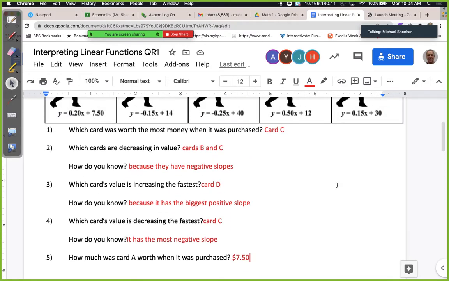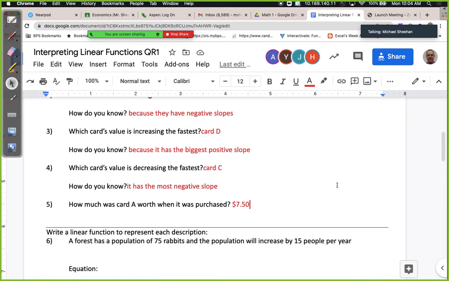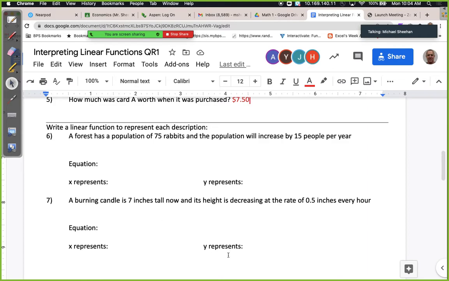All right, so you'll have 5 questions about baseball cards, just like these. And then you're going to have 2 questions where you write an equation. Okay? A forest has a population of 75 rabbits, and the population will increase by 15 per year.